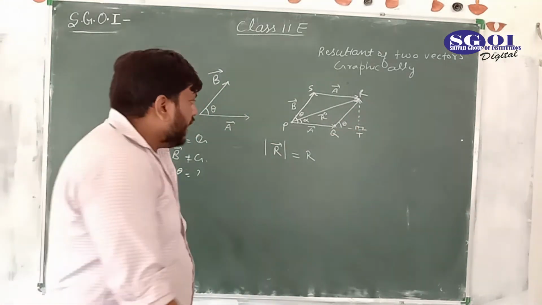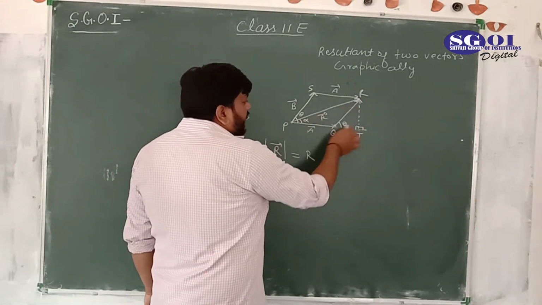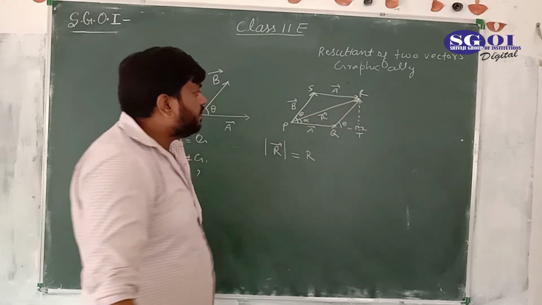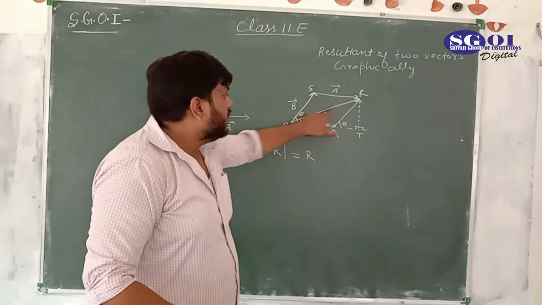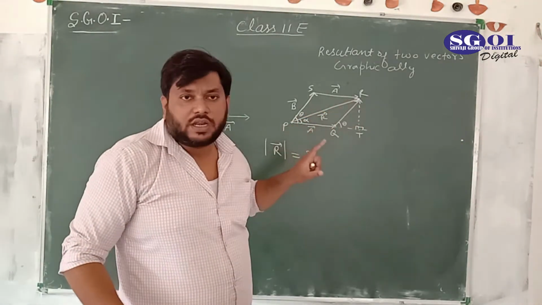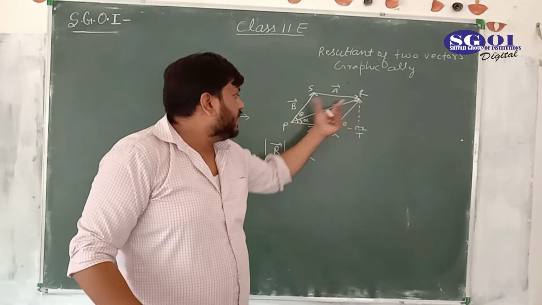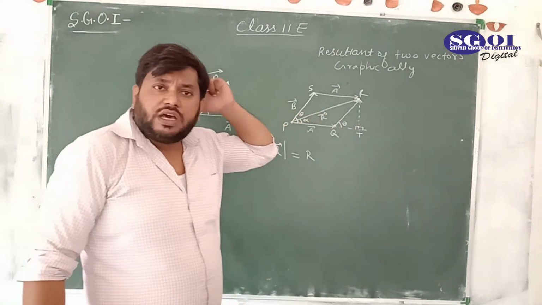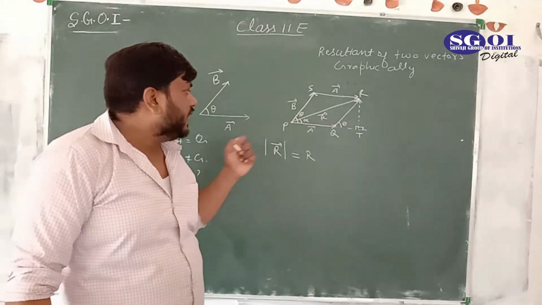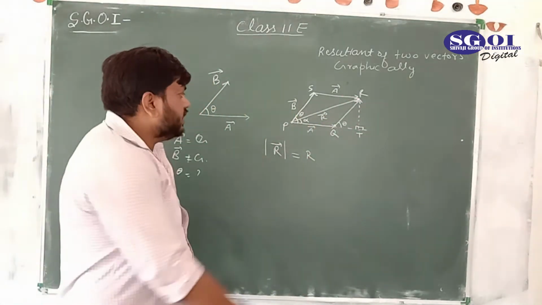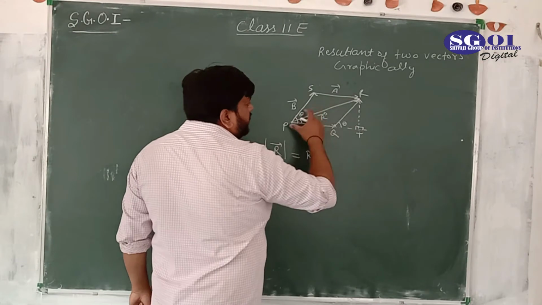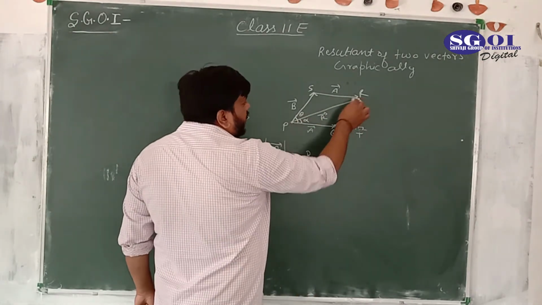And you are seeing here we want to find the magnitude of R, and the magnitude of R is equal to the length of this line segment PR. PR is the line segment, and we know that the length of the arrow is the magnitude of the vector. It means the magnitude of vector R is the length of this line segment PR. So we have to find PR.